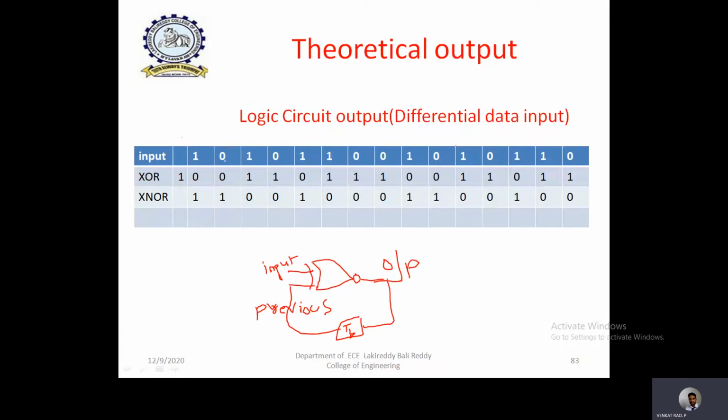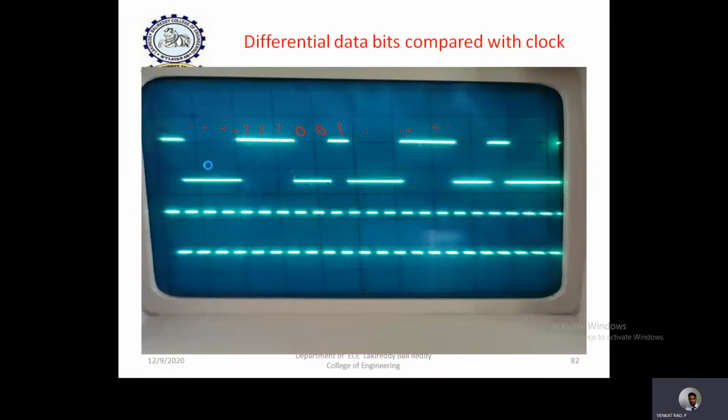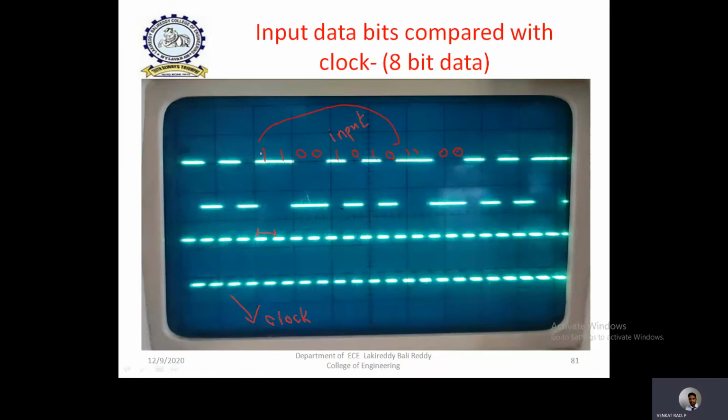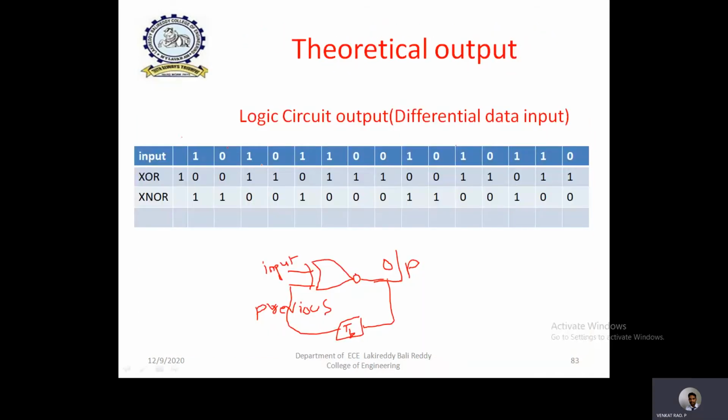For example, this is the input sequence, as observed from the waveform. In this waveform, our input is 11001010. Here also I can clearly observe somewhere else that it is repeating 11001010.